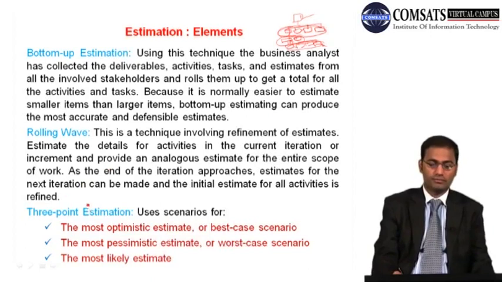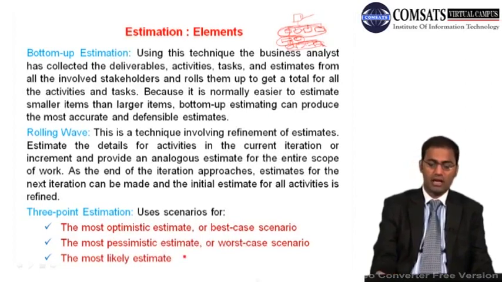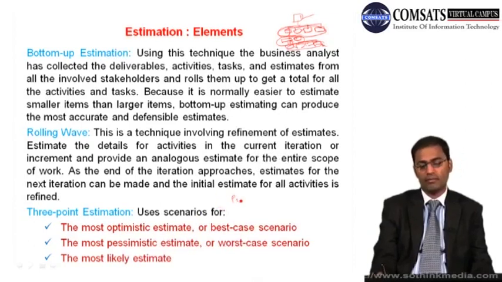Then we use 3-point estimation. It uses scenarios for the most optimistic estimate or best case scenario, the most pessimistic estimate or worst case scenario, and the most likely estimate. And this concept is used in the PERT formula as well.